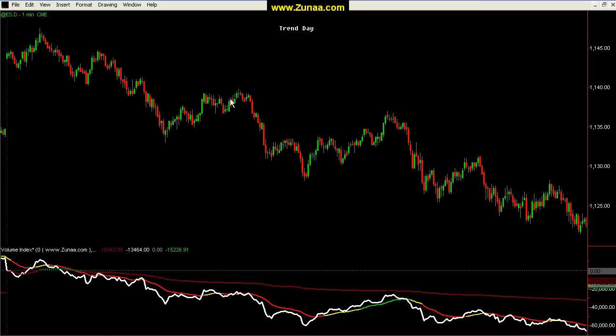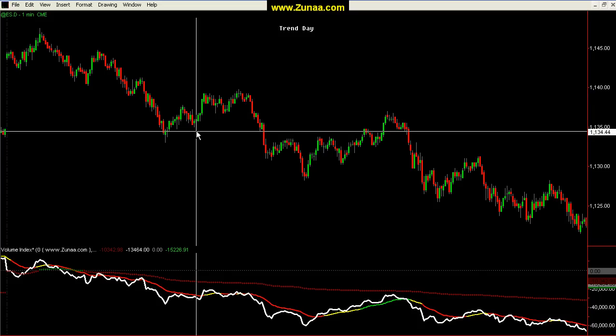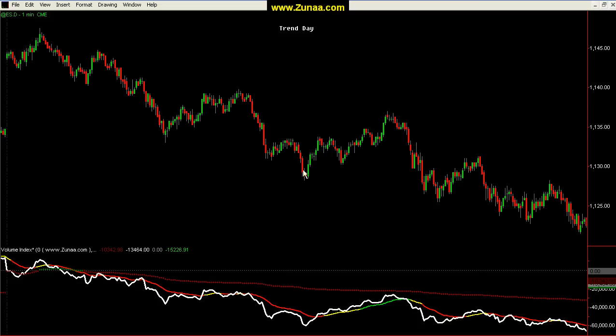Then we have lower high, lower low, lower high, lower low. In between this high and this low, there was a higher low, a higher high, a higher low. I'm not skipping those. I just wanted to make sure you understand I'm seeing that.